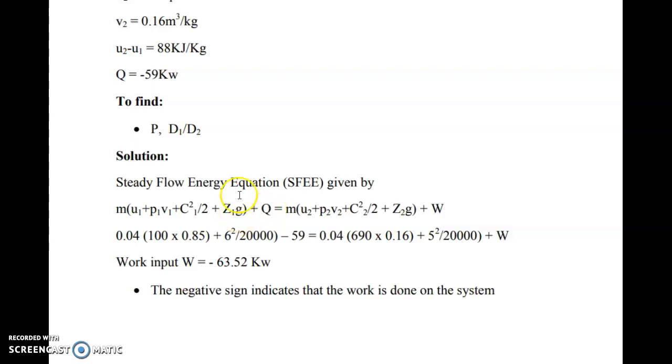Okay, so we can neglect this datum energy, that is Z1G, Z2G. We can neglect the internal energies also, because compared to the output, these energies are very small. So we are neglecting internal energy and the datum energy.